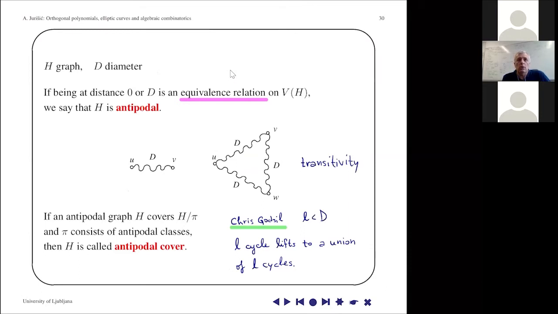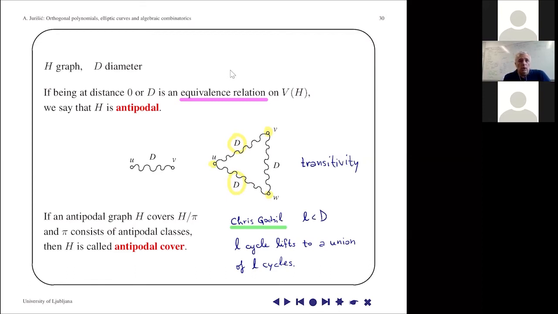Now reflexivity and symmetry are trivial, but transitivity is a non-trivial condition. So if we have u and two vertices at distance d from u, then they have to be at distance d also between themselves. So we have this transitivity in the case of the dodecahedron. We only have one antipodal vertex, so there's nothing to check. So that is antipodal, but those were the pairs of antipodal vertices anyway.